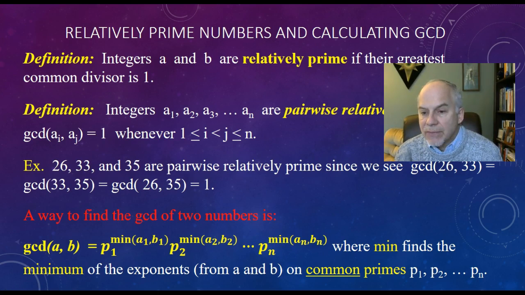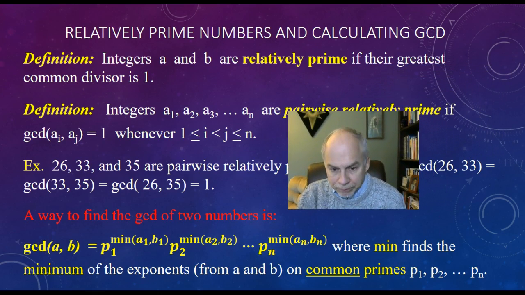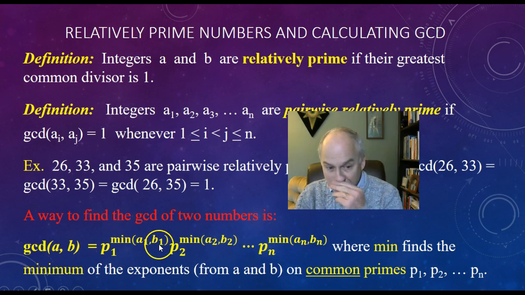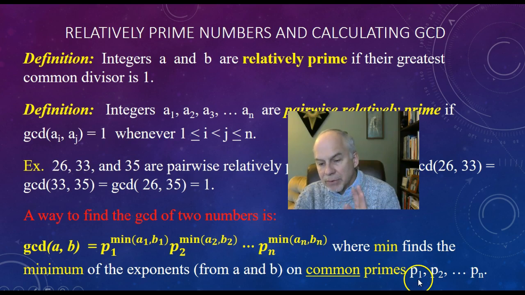Now, at the bottom of the page, you're given a way to find the greatest common divisor of two numbers. The greatest common divisor of A and B is a prime number P1 to the power of the minimum of A1, B1, P2 to the minimum of A2, B2, etc., all the way to P sub n, where min finds the minimum of the exponents from A and B on common prime numbers P1, P2, Pn.